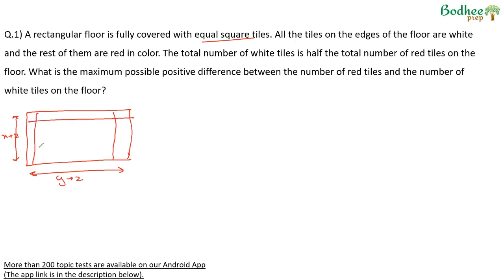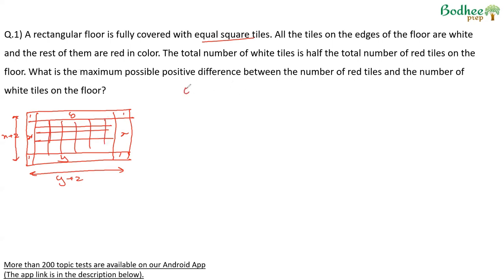The ones on the edges will be white. So there'll be x tiles here, x tiles here, and y on each of the other two sides, and one at each corner. And in the middle, we will have x rows and y columns of square tiles.